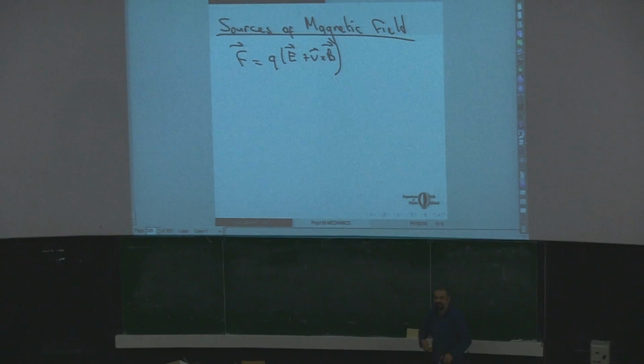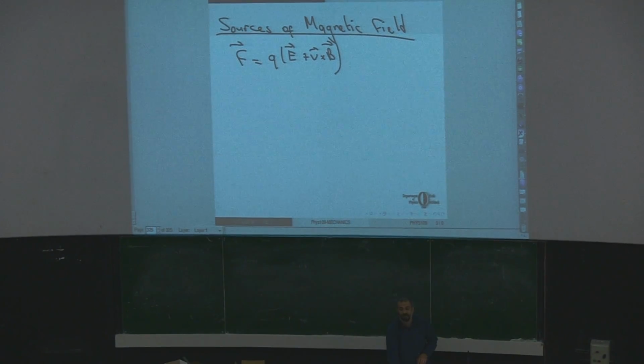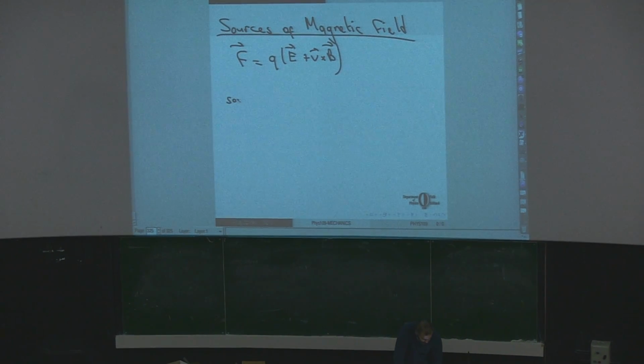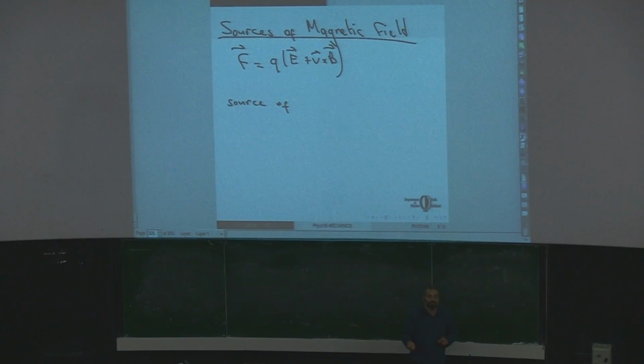So you can basically say that the source of the magnetic field is not the charge itself, but charge times the velocity. The source of the electric field was point charges. Whether the charges moved or not, they created an electric field.